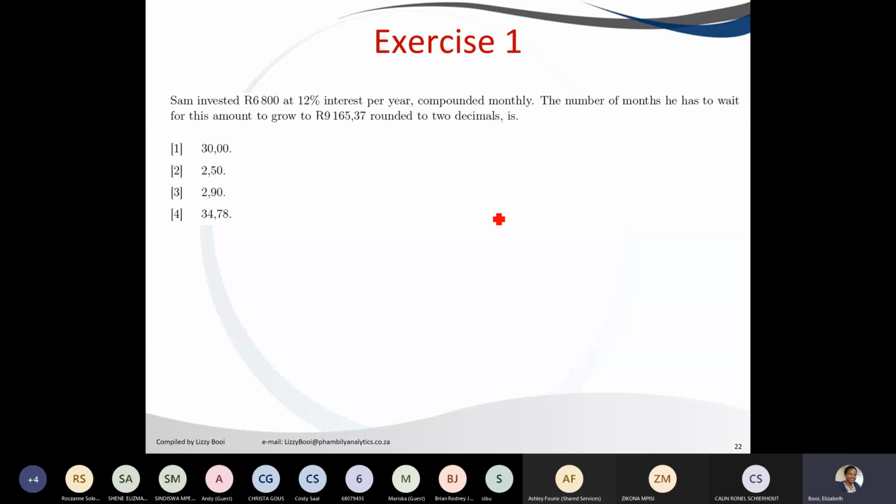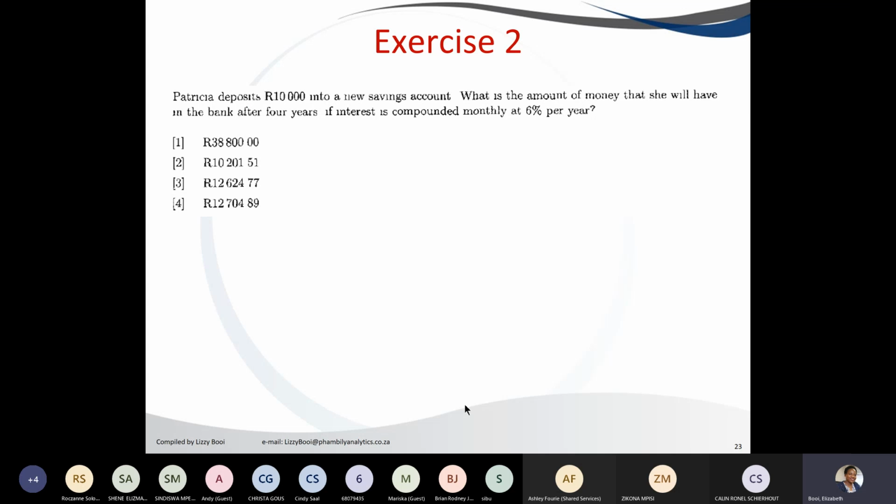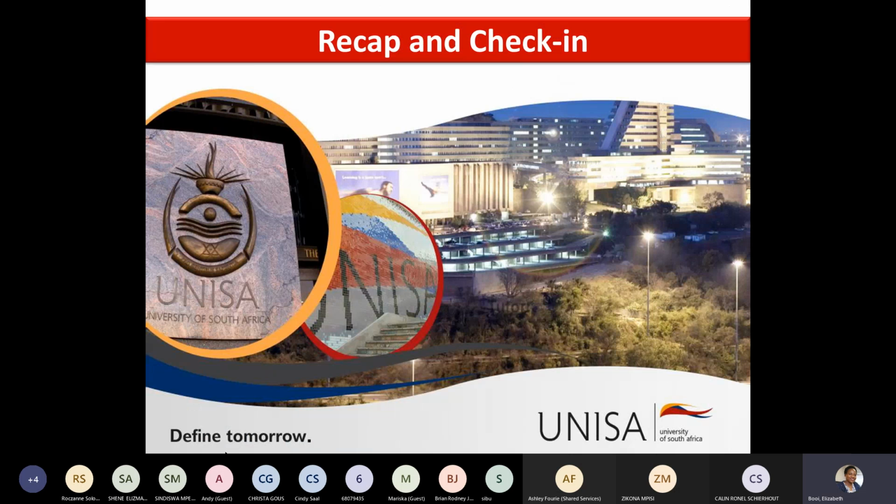Or your N you get when you compute N, it will give you the value that they are looking for. You don't have to divide by the compounding period. They also give you the future value. But this exercise, we will still do it on Friday. The other exercise that we will continue and do on Friday is this one also. And that concludes today's session.